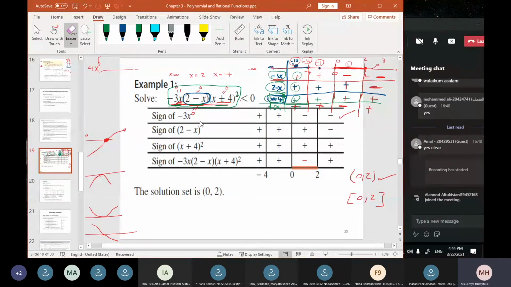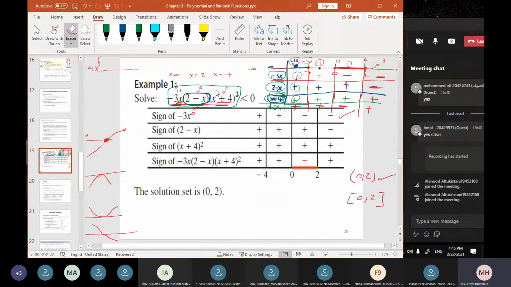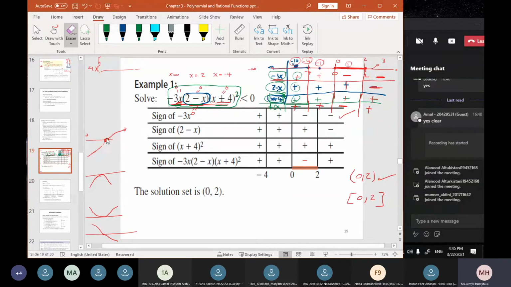Okay, and then what do we do? Then we examine the value of the function before and after these points, or within that interval. Why? Because we had one of the theorems, and the statement is that the function will not change sign, meaning from being negative to then positive, unless it crosses the x axis.